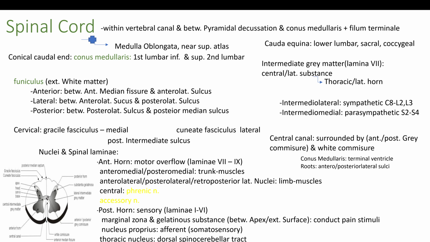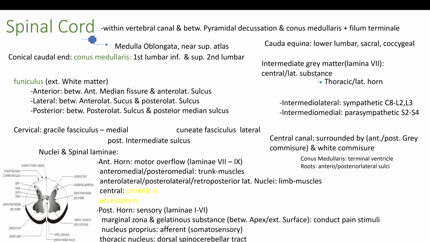Columns are organized into an internal part, the gray matter, divided into anterior, lateral, and posterior columns, with nuclei and spinal laminae. In the cross section, of course, we see this butterfly-shaped, H-shaped area made out of the gray matter, with an anterior horn, the motor outflow, which contains motor neurons, spinal laminae 7 to 9, and anterior medial and posterior medial nuclei, which supply muscles of the trunk.